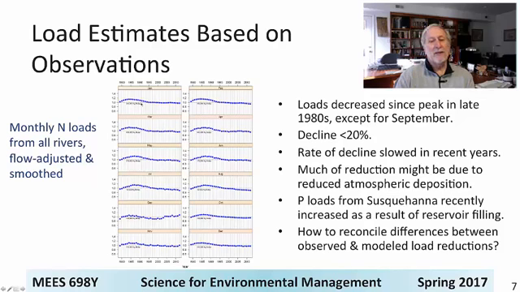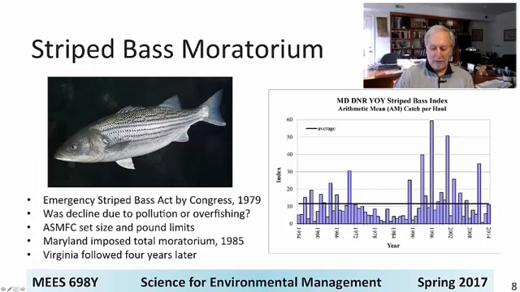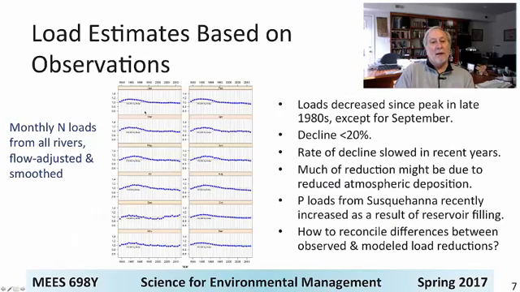And you can see here a recent USGS analysis month by month in which the trend is estimated by a process that adjusts for the flow and also is a smoothing process to give us a smoother representation of the trends.